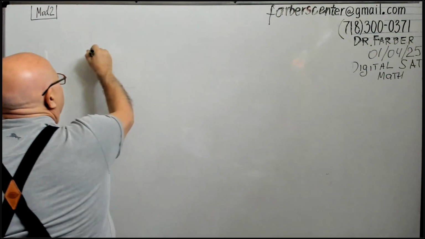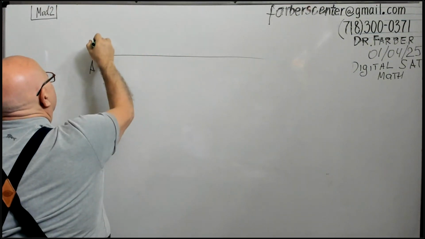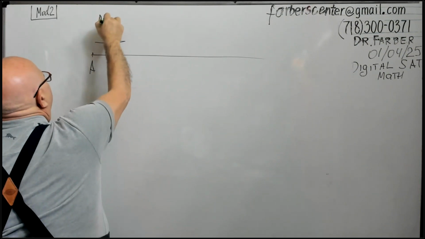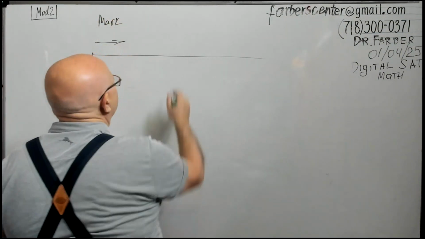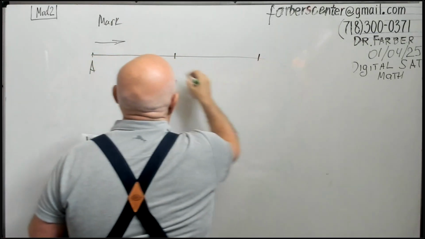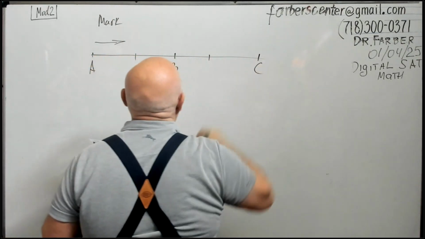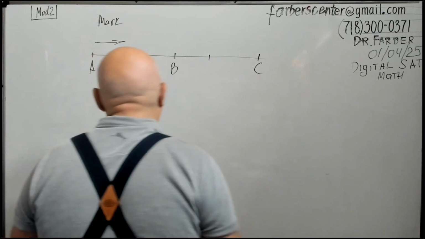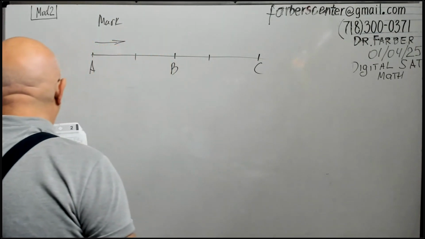Make a picture, first of all. This is point A and this is Mark. And it goes to half of this distance. This is B and this is the same. And this is C. Right? And what else do we know?